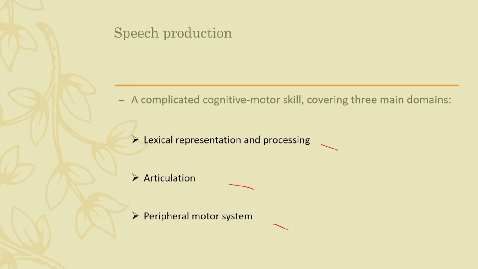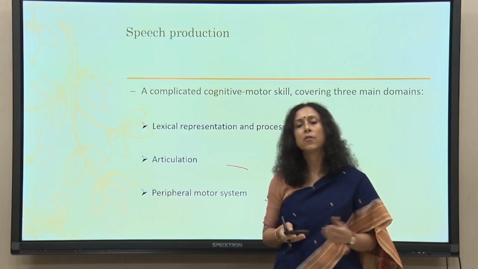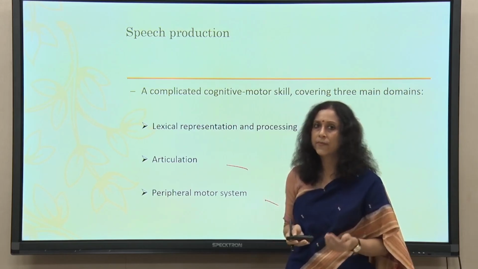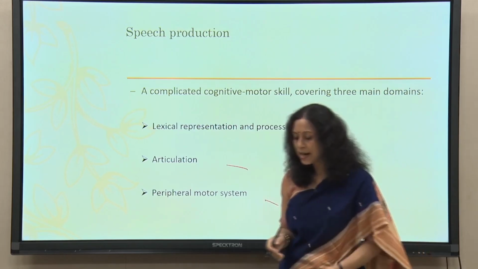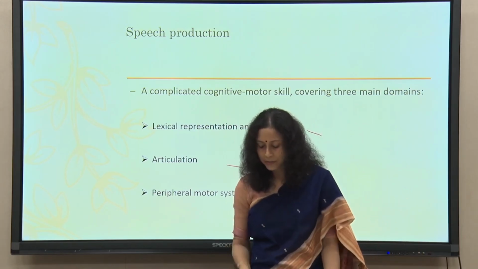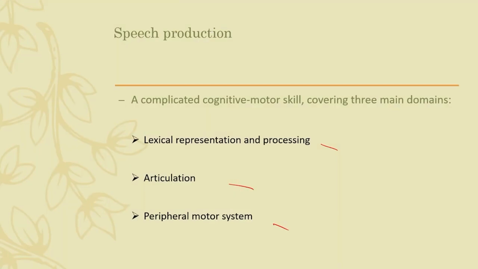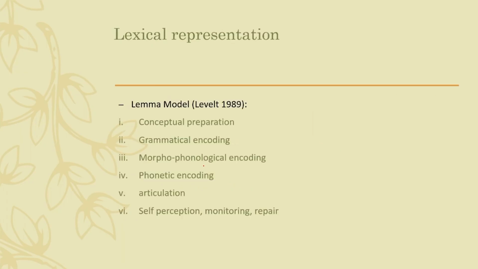It is a very complicated cognitive motor skill that incorporates information from various domains, but largely we can categorize the research into three sub-areas: lexical representation in the brain and its processing, articulation, that is the speaking part, and the peripheral motor system.